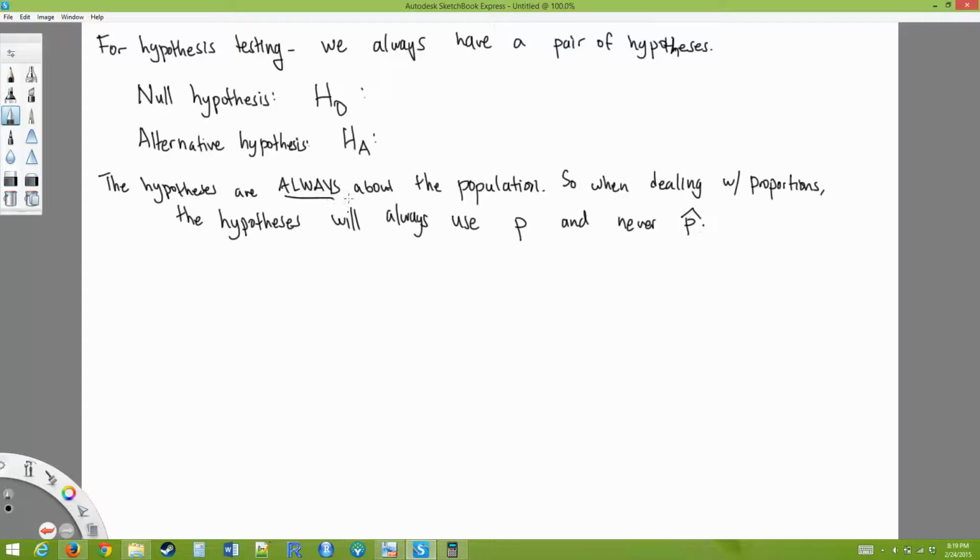So the hypotheses are always about the population. And another hint, okay, is that the null hypothesis will always have an equal sign.